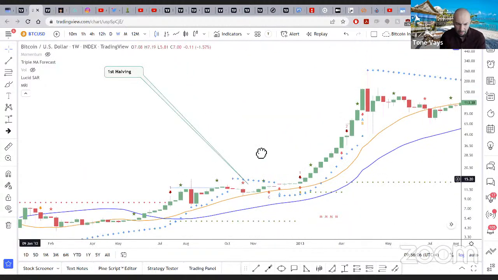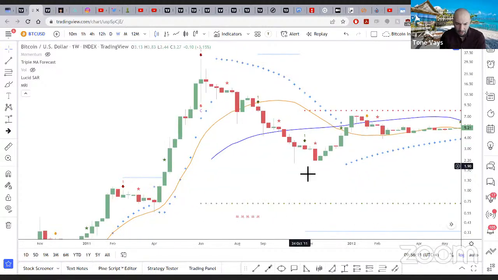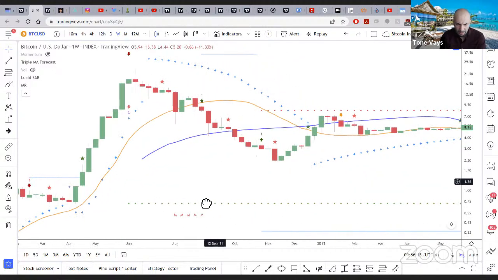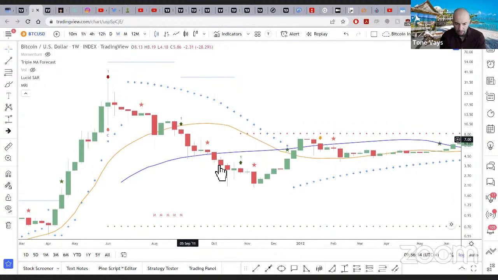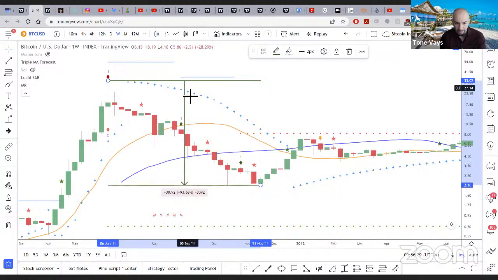What about the bear market of 2011? All right, so the bear market of 2011 did not give us an extension A, but it wasn't a very long bear market. It topped on the MRI and extension C. That's interesting. It was a very nasty 95% correction, but it was very, very quick.